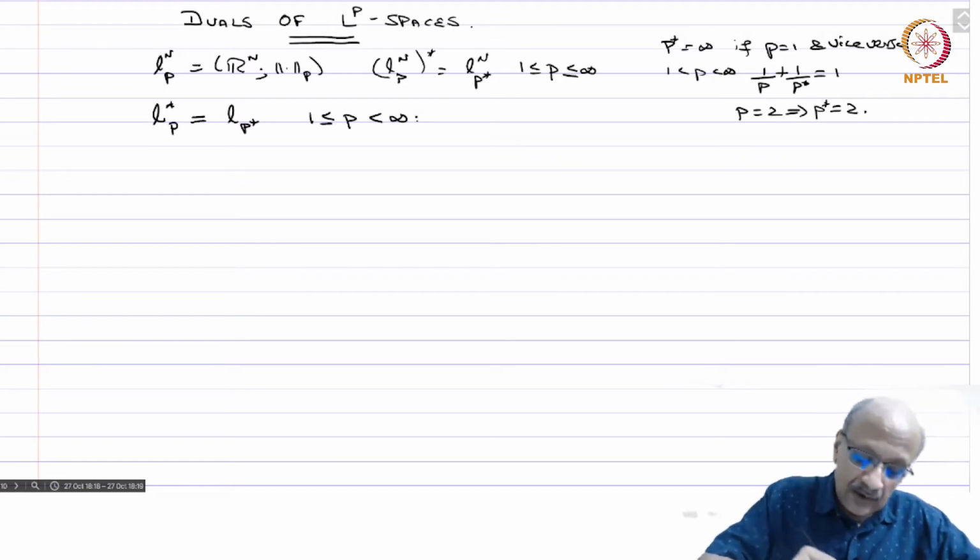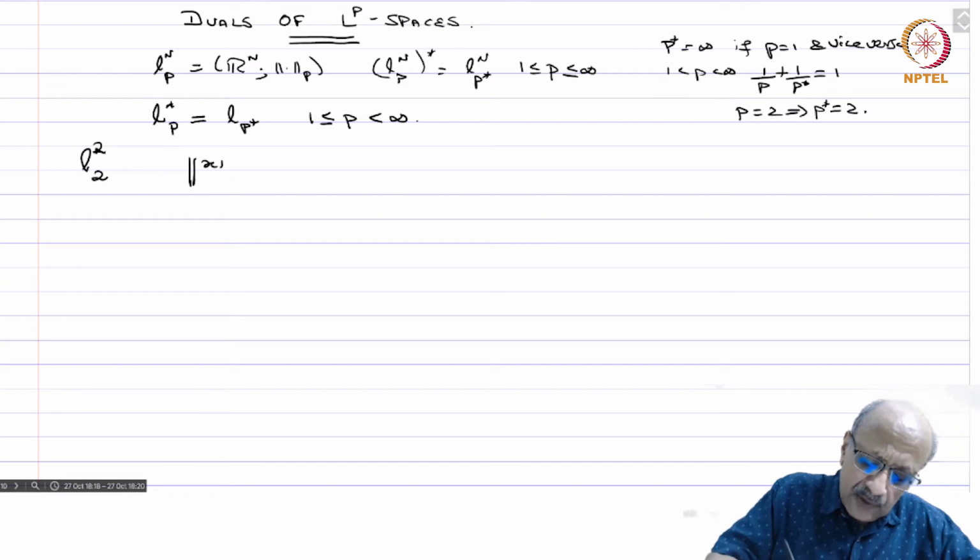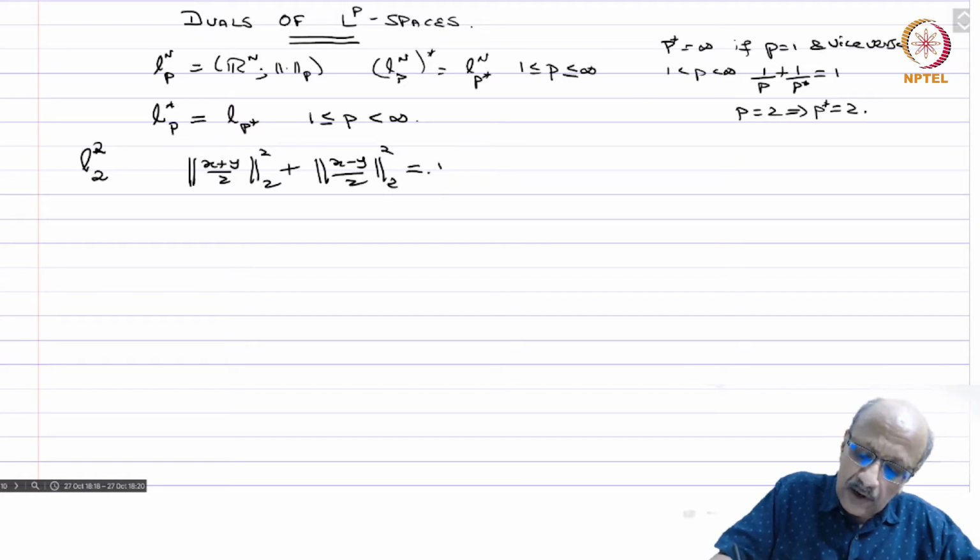So before that, one preliminary result. In the case of L2, if you remember, we proved the parallelogram law. Namely, norm of (x plus y)/2 whole squared plus norm of (x minus y)/2 whole squared is equal to 1/2 of (norm x squared plus norm y squared).